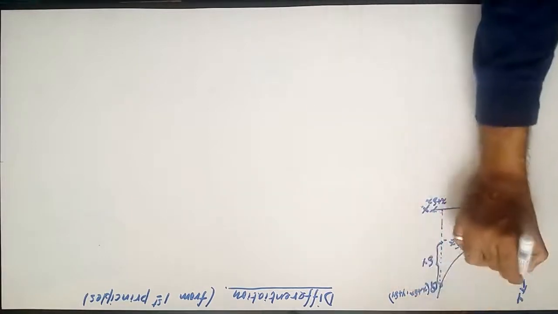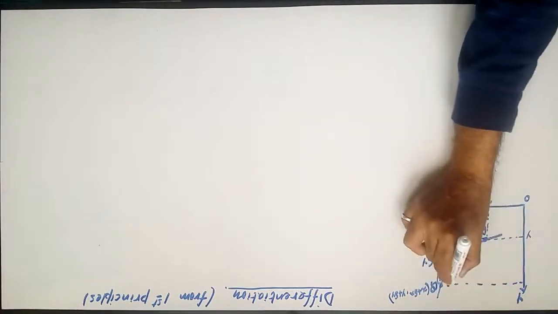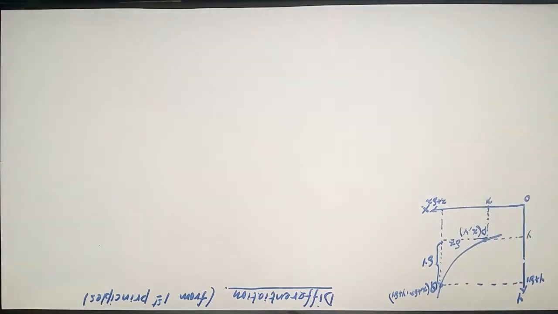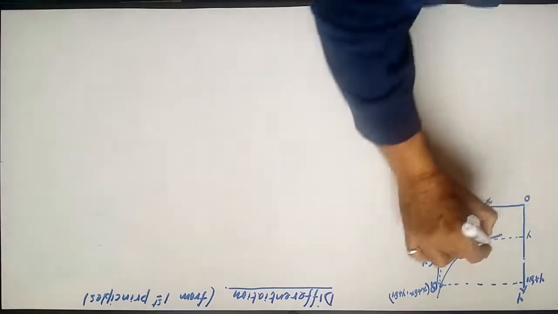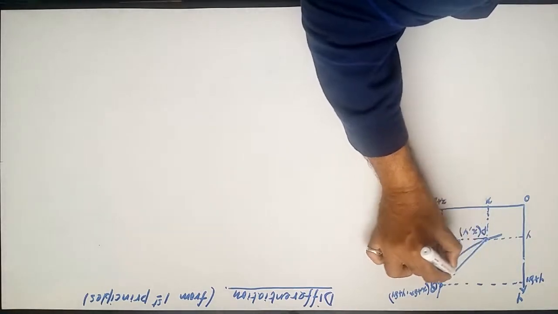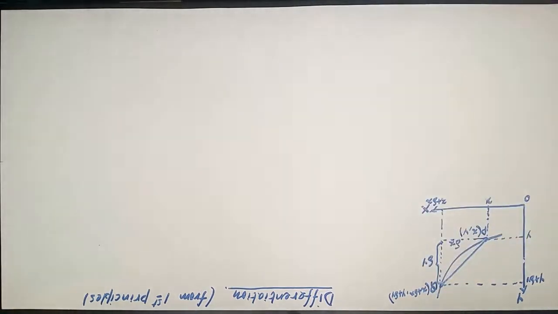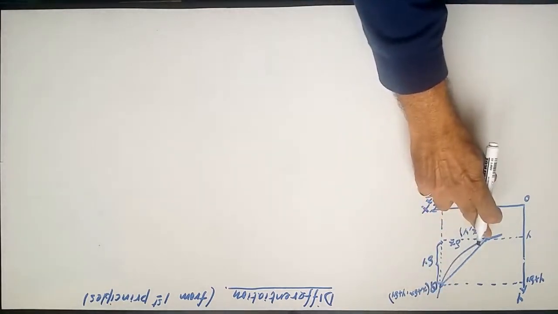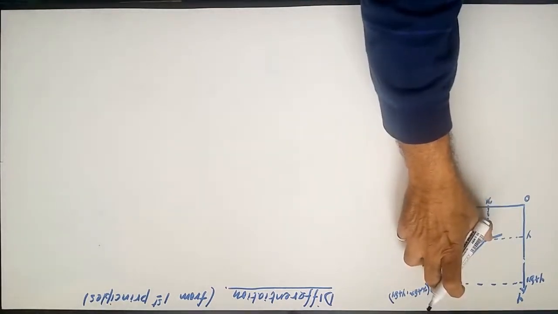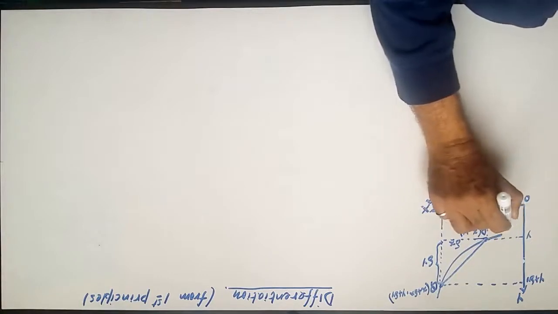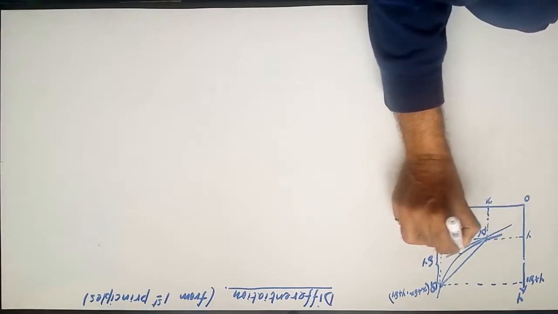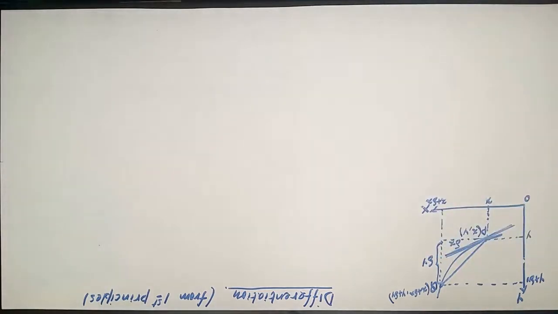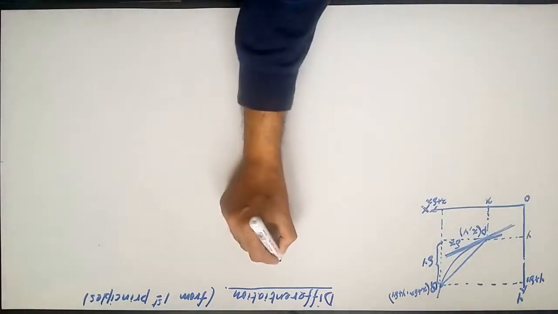So if we join these two, this is a straight line PQ. But since Q is very close to P, you can say that the line PQ is almost the same as the tangent at the point P.